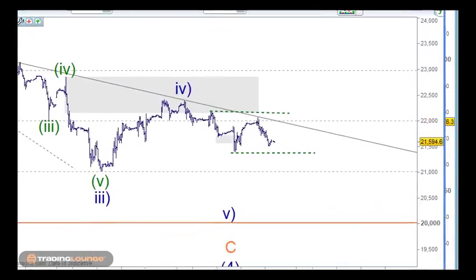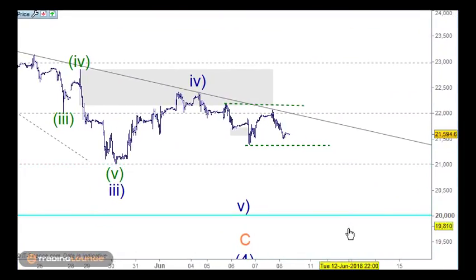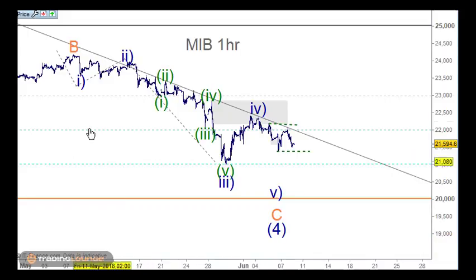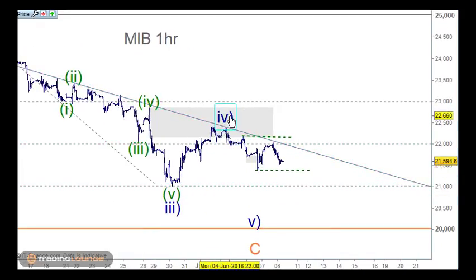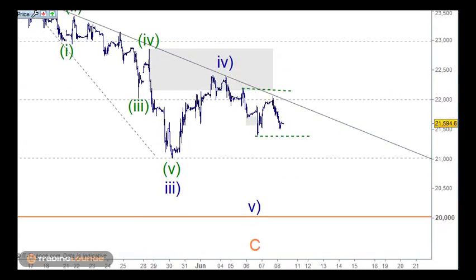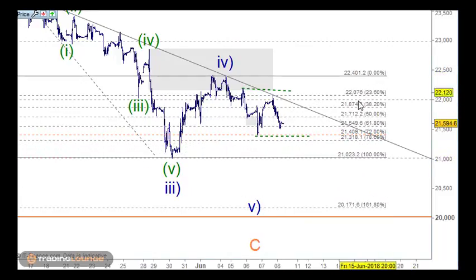Okay, one more, the FTSE MIB, and with this one here, this has had a different count, being bearish much longer, and I'm assuming that we've got wave 4 in play here. We know that from this low to this high here, that's the 61.8% retracement level, so it's kind of in that space at the moment.